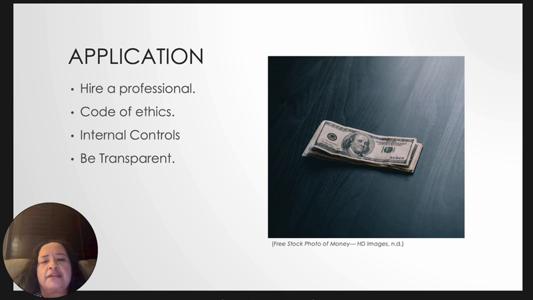Be transparent. Encourage transparency. And the reason I say that is not because I think secrets are bad, but it is actually in our undergraduate ethics class that we took, we learned that these types of crimes are often a result of opportunity and need.